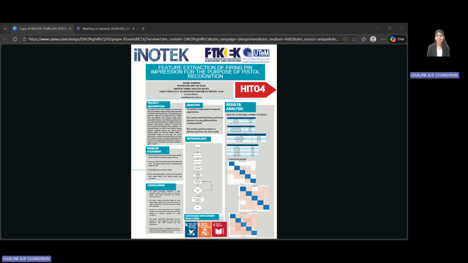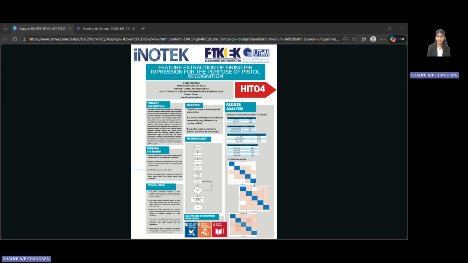It also aligns with SDG 9, industry, innovation and infrastructure, by applying image processing and machine learning techniques to develop an innovative and systematic firearm identification approach. In addition, the project supports SDG 4, quality education, by enhancing technical knowledge and research skills in forensic engineering, image preprocessing, and machine learning through practical project based learning.